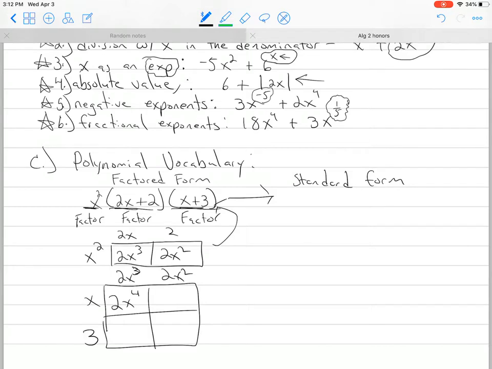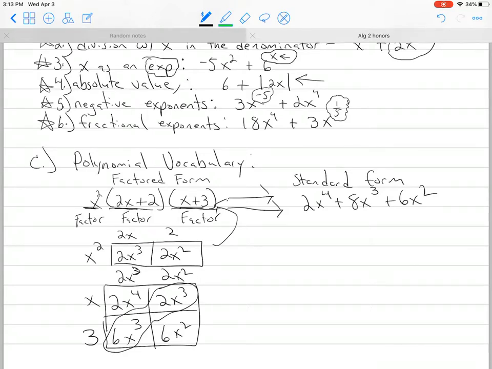End up with 2x to the 4th, 2x to the 3rd, 6x to the 3rd, 6x squared. And I get my standard form, which is 2x to the 4th plus 8x cubed plus 6x squared. This factored form turns into that standard form. And notice, now we have a sum of terms that fit the polynomial. So an example of factored form we have, an example of standard form we have.